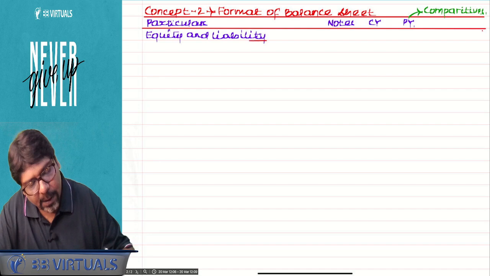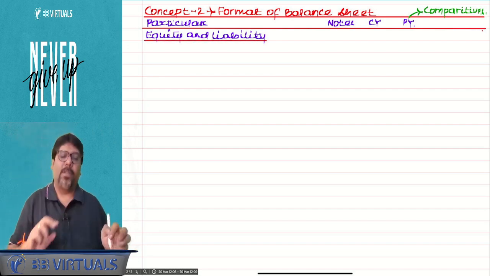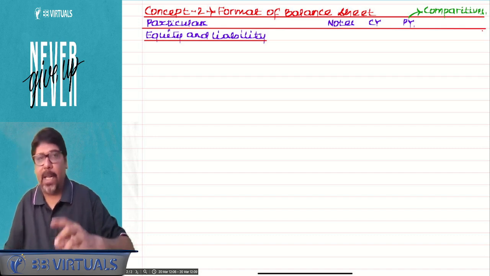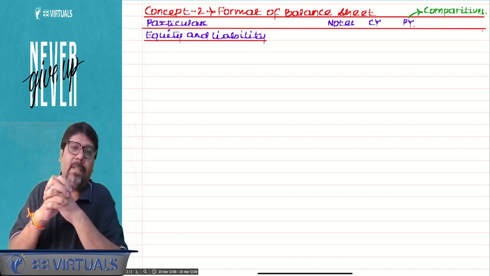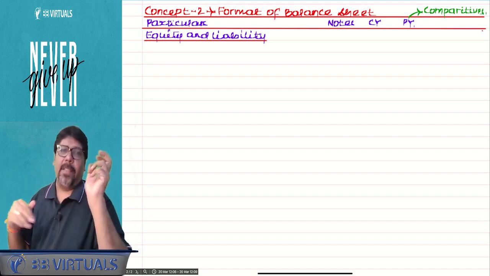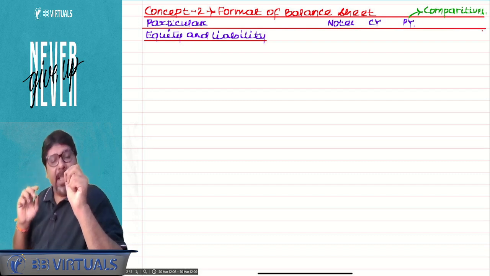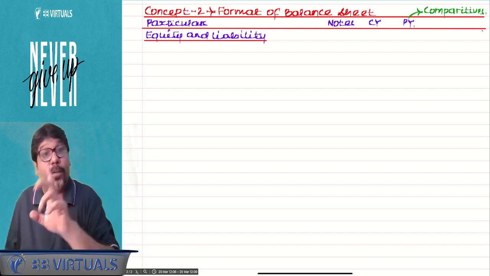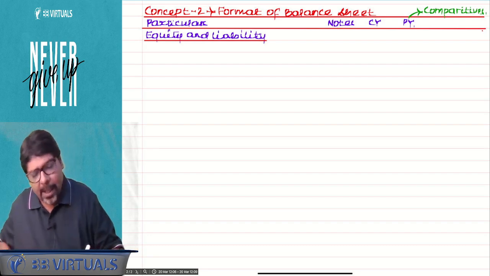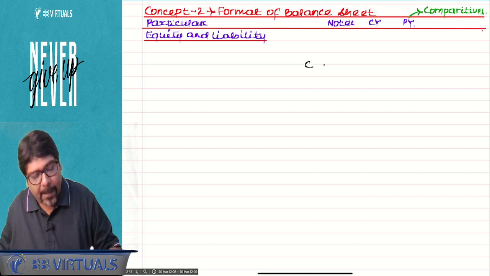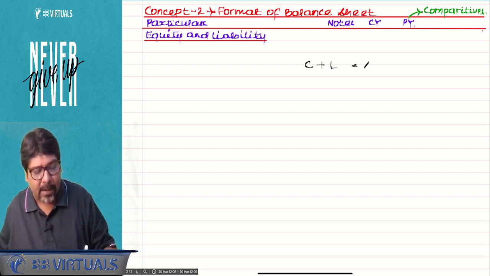So, sir, I am asking you, what is the difference between equity and liability? Sir, equity is the owner's fund and liability is an obligation to pay. Correct. Is equity also a liability? No. Equity is equity. That is why we show equity and liability separately. For example, you had learned that capital plus liability is equal to asset.